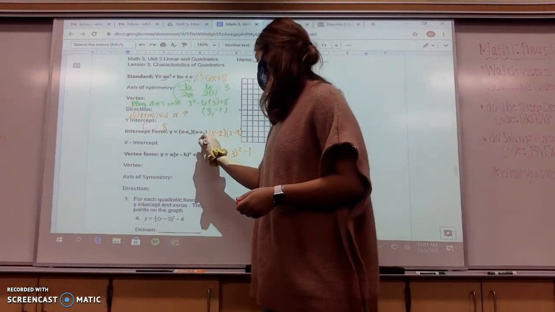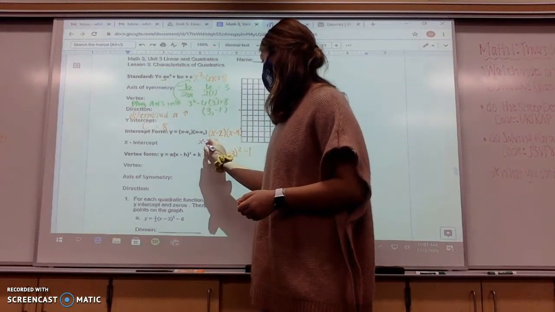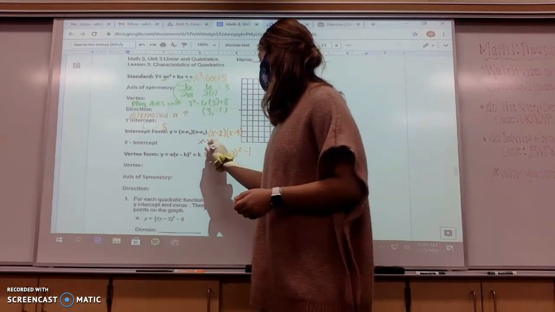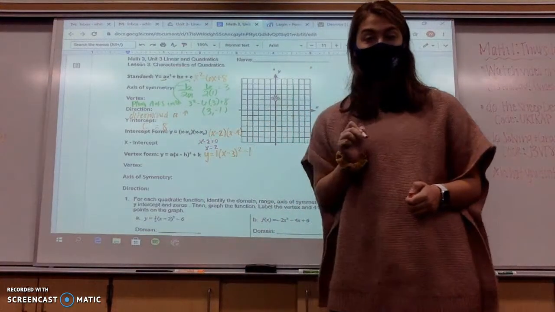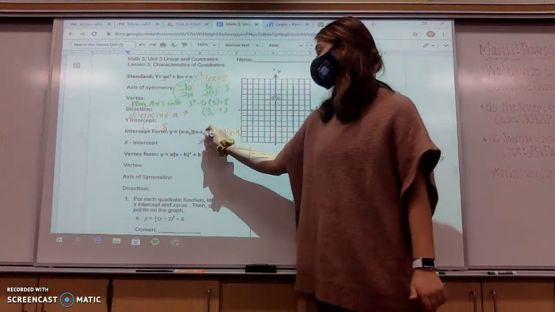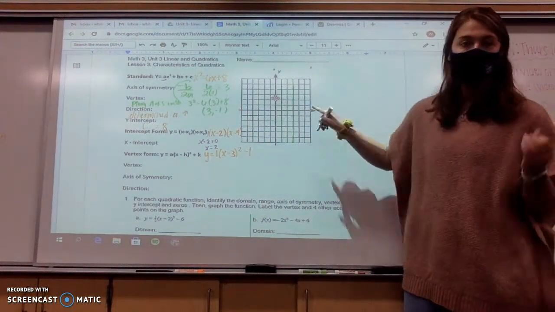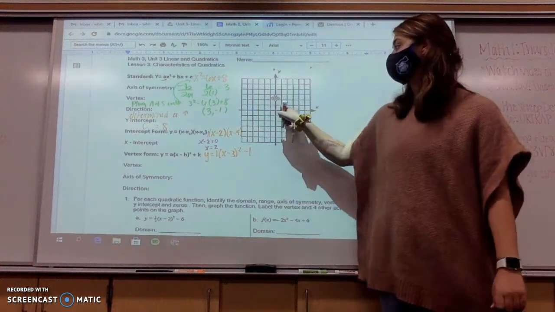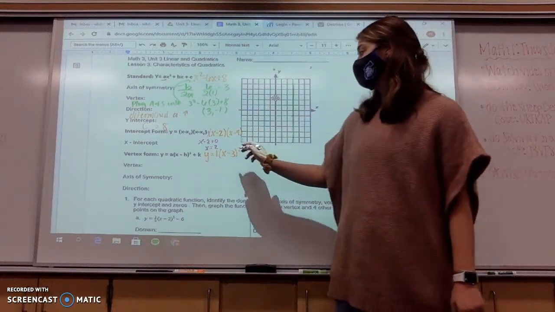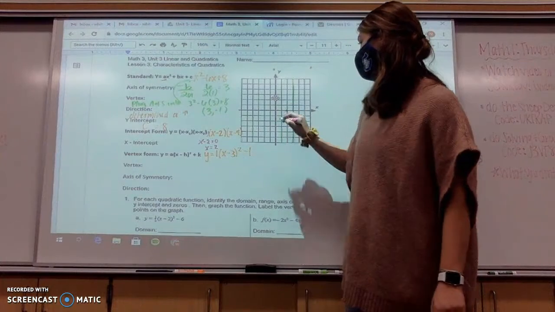So if I have x minus 2 equals 0, I get x is equal to 2 for one of my answers. We always set it equal to 0 because that's when this is actually equal to y. And when we are on our x-axis, our y is 0, right? We're not up any, we're not down any, we're actually 0. So 2 is an x-intercept, so I'm going to mark that right there.